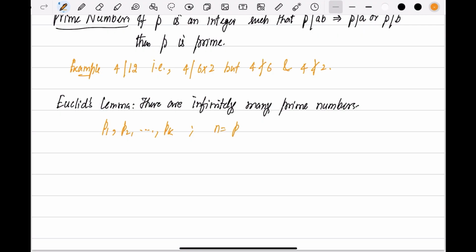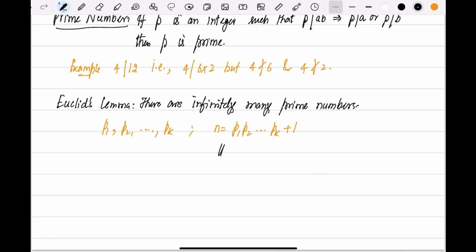Now we will define another number n, which is equal to p1 into p2 into pk plus 1. Now there are two choices for this n. If this n is a prime number, then it will obviously be different from this list of prime numbers. So we have found another prime number, therefore the number of prime numbers is infinite.